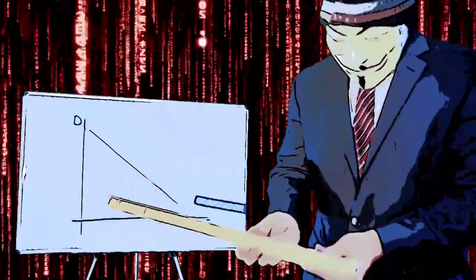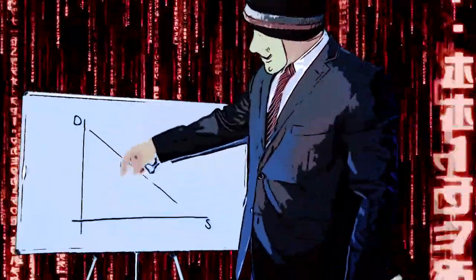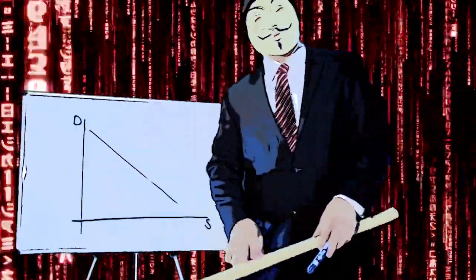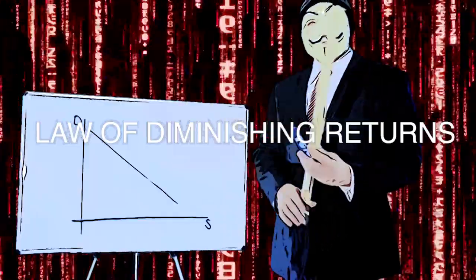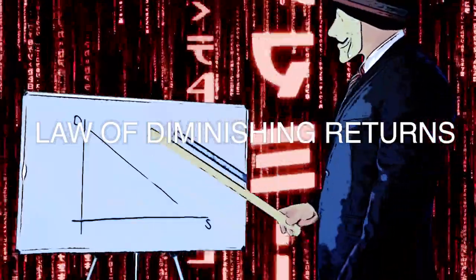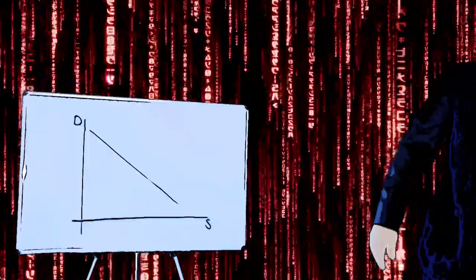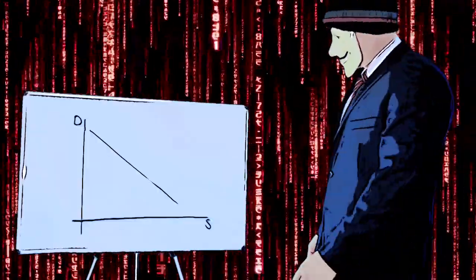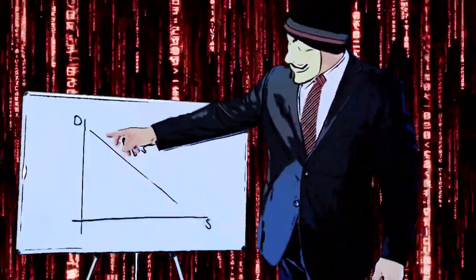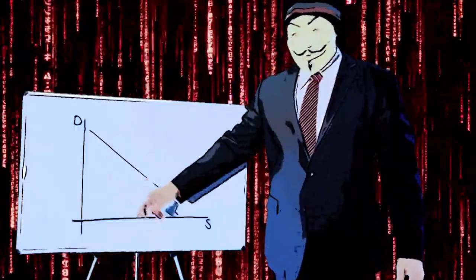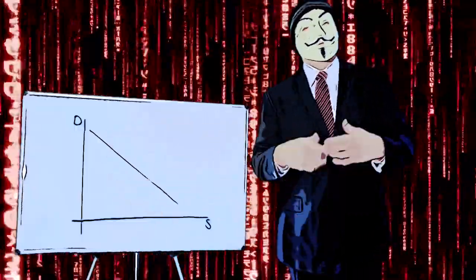Why is that? Basically, the diminishing marginal rate of returns. It's the law of diminishing returns. And if you think about it, it makes perfect sense. Basically that says the first thing you want, you really, really want.